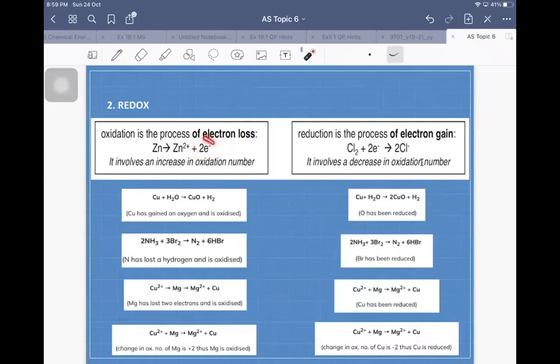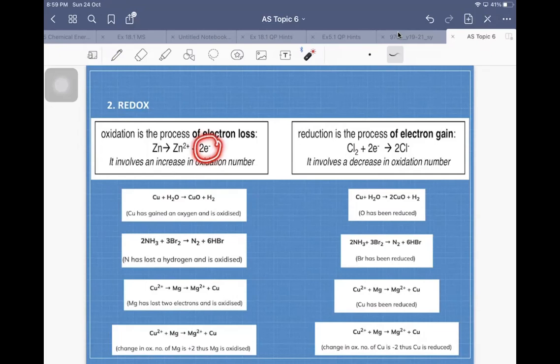So one way of identifying oxidation or reduction is by looking at the position of the electrons. Reduction is the gain of electrons, which means you add electrons, and the electrons are on the left side. Chlorine takes up electrons to form chloride ions.